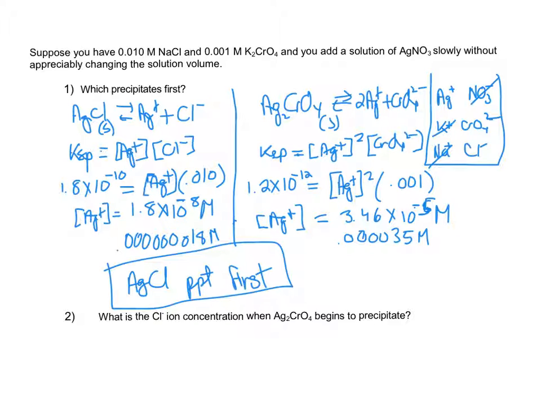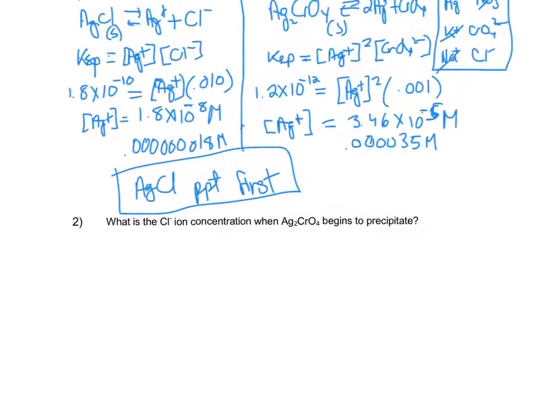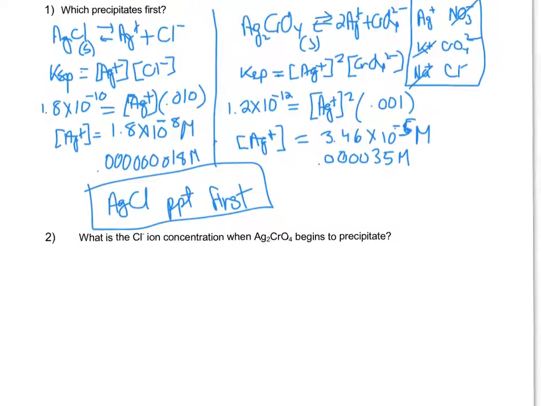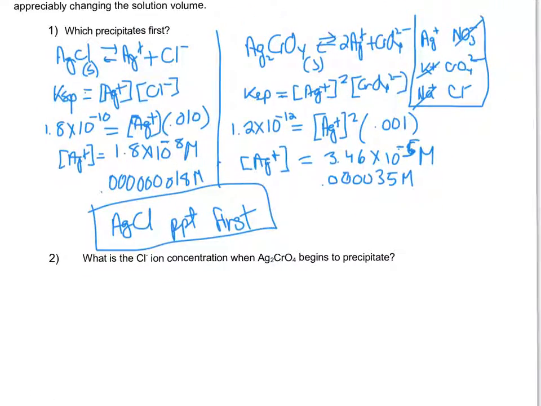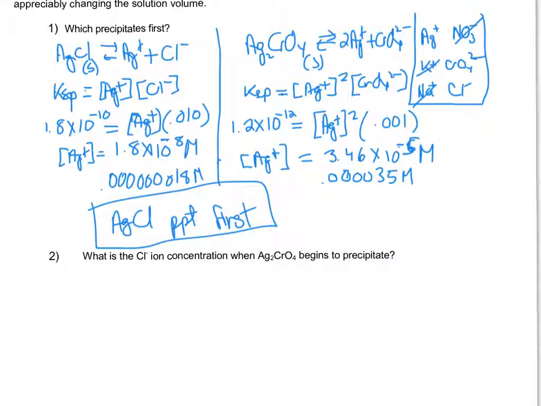All right, next question says, what is the chloride ion concentration when the Ag2CrO4 begins to precipitate? Let's think about this for a second. When would the Ag2CrO4 begin to precipitate? Well, it would begin to precipitate when this is the concentration of the silver ion. Let's write that down first.